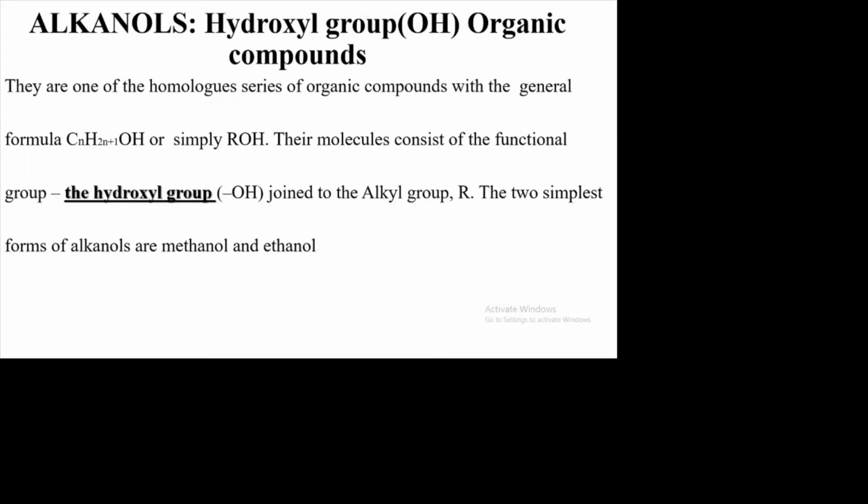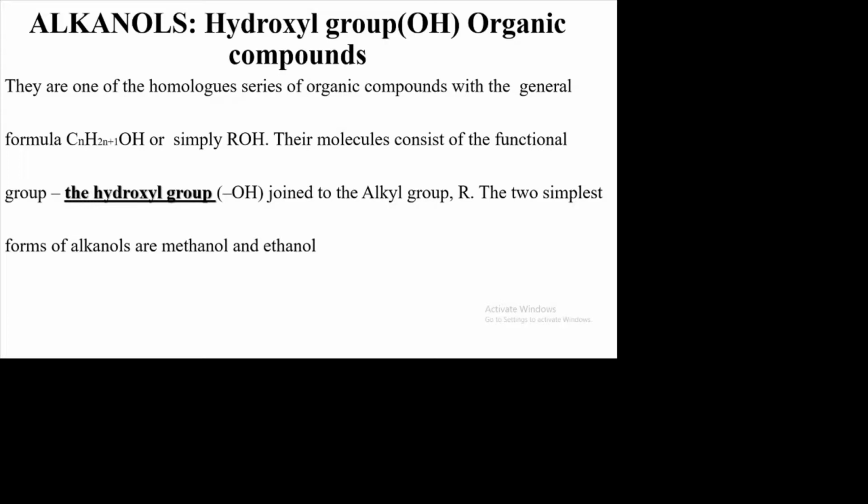Now, one of the basic things about alkanols is that it has general formula of CnH2n+1OH. One of the fundamental things about alkanols is that OH, hydroxyl group. It is that hydroxyl group that determines the chemical properties of any alkanols members.